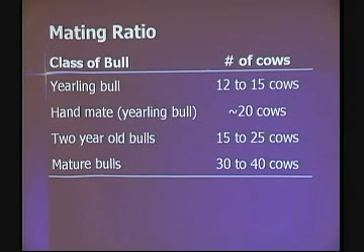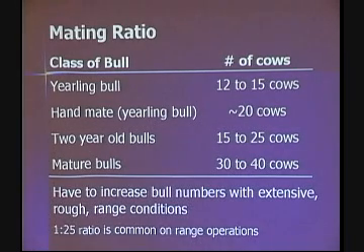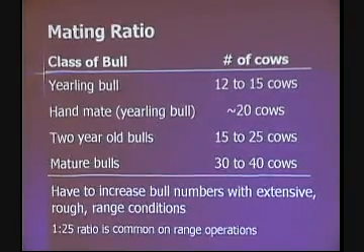We've all seen mating ratios of bulls. As the bull's age increases, the number of cows that they're likely able to service increases. And you have to remember, we're going to decrease that ratio with large pastures or rough range conditions.